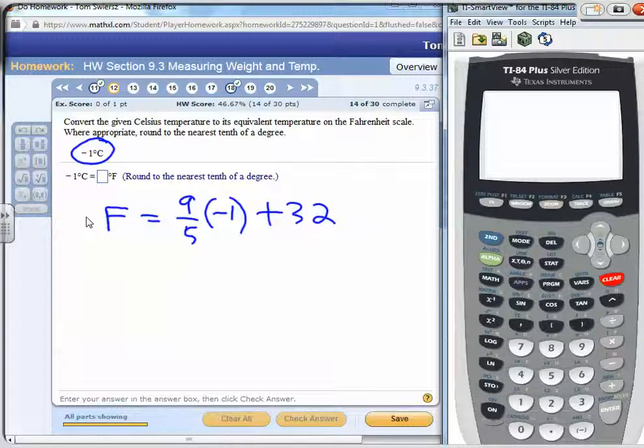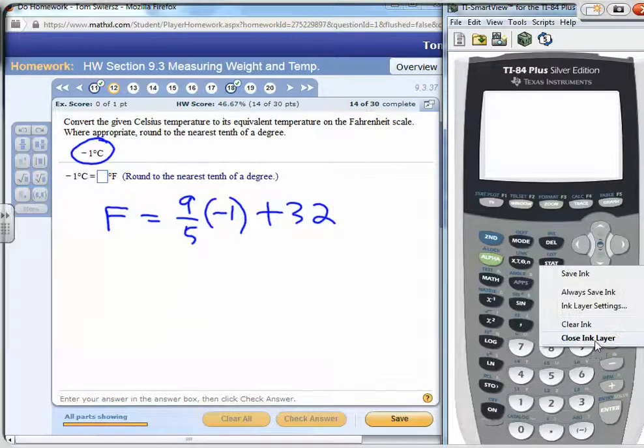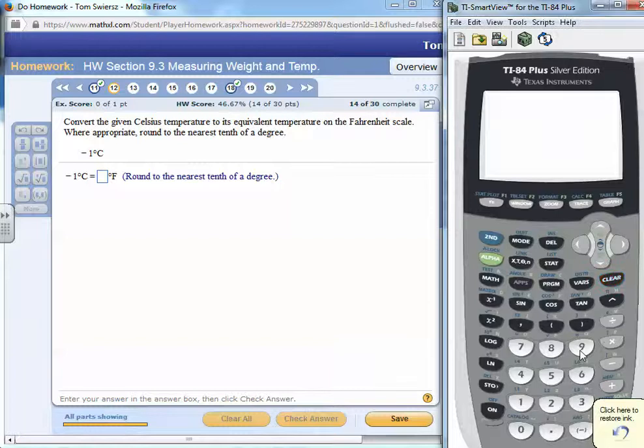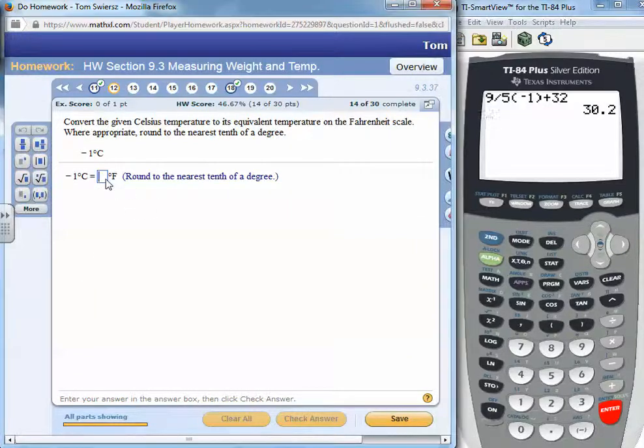We can do the steps on the calculator: 9 divided by 5, then in parentheses times -1, close the parentheses, plus 32, and we get 30.2 degrees to the nearest tenth.